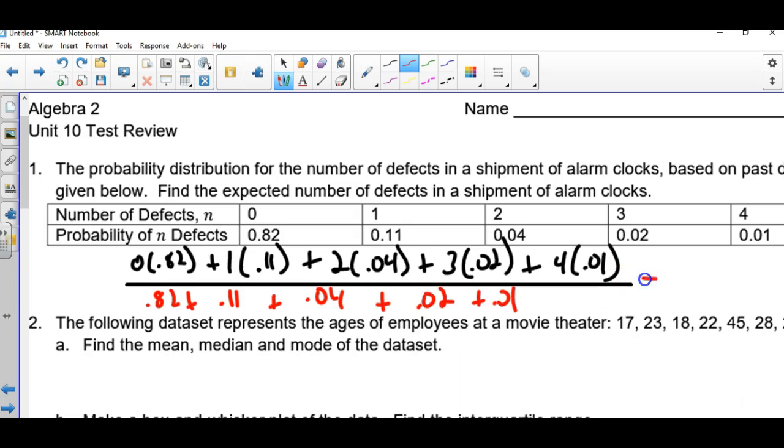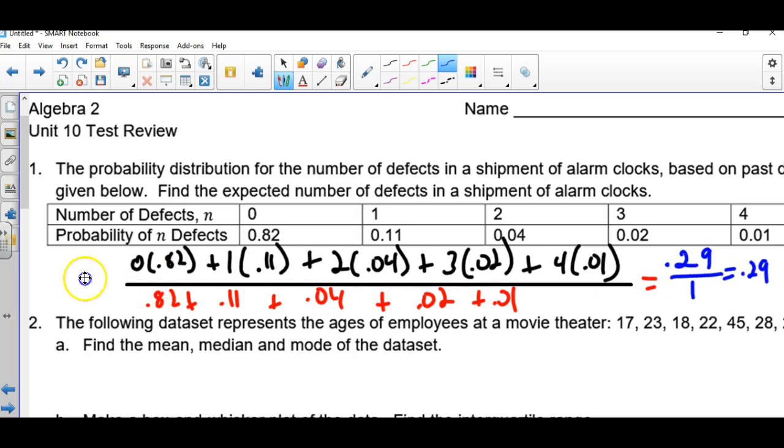Now when you multiply all these and add them up at the top, you're going to get 0.29, and at the bottom you'll get 1. When we simplify that, it gives us 0.29. So 0.29 is your expected value.